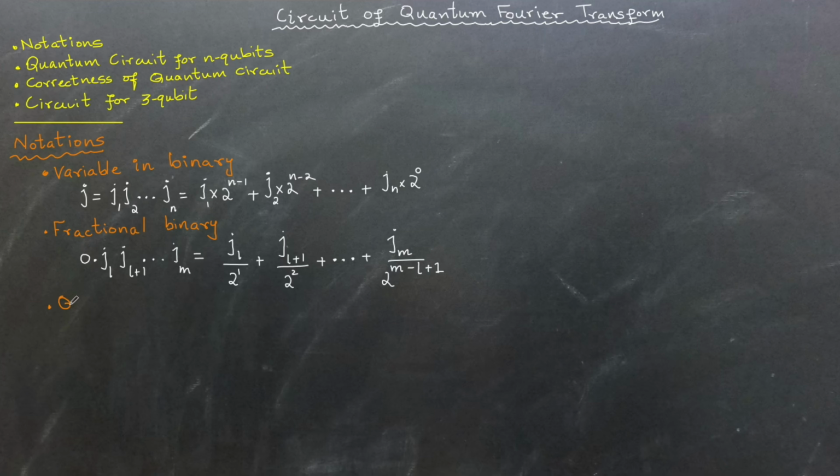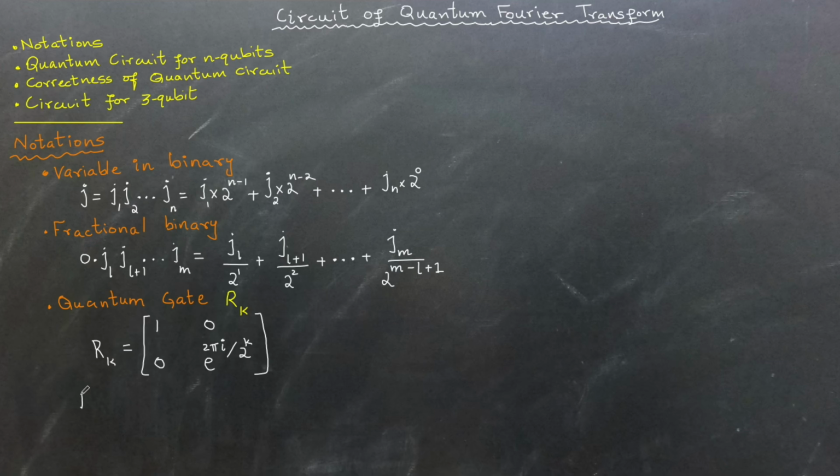Now, let's discuss an essential quantum gate which is used in the Quantum Fourier Transform, known as the Rk gate. The gate is represented by a matrix with elements 1, 0, 0, Euler number raised to the power 2 pi i divided by 2 raised to the power of k.